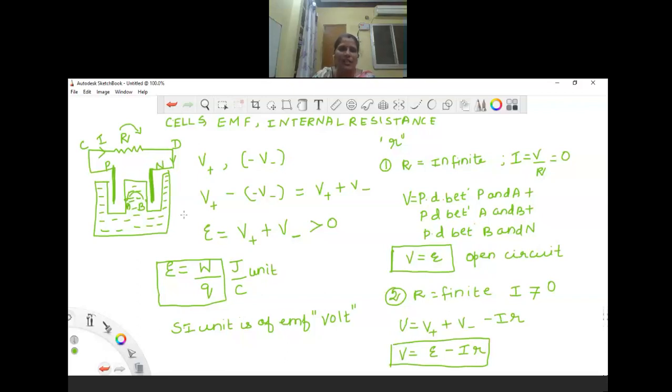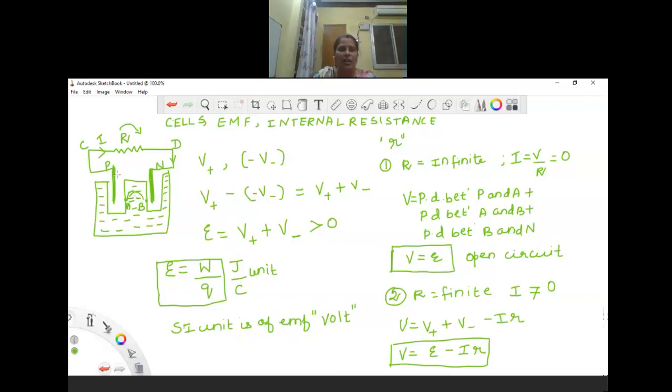So we have started with the cell. The cell basically has two electrodes, positive and negative, which are immersed in the electrolyte. And in the electrolyte, what are the charge carriers? Positive and negative ions are charge carriers. And we assumed that V plus is the potential difference between the positive electrode and the electrolyte, and minus V minus is the negative potential difference between the negative electrode and the electrolyte.